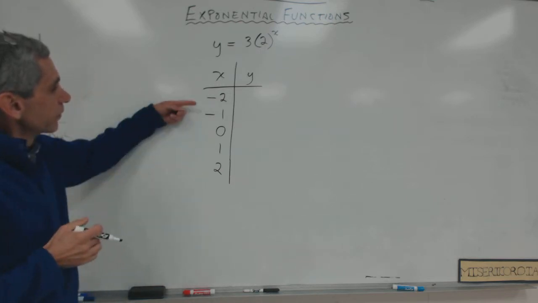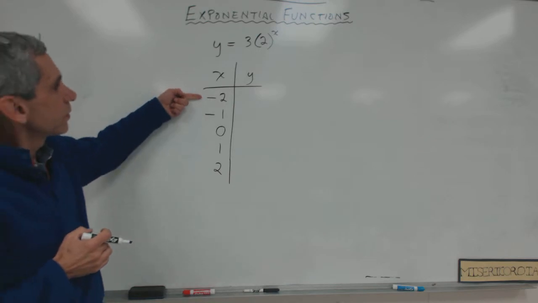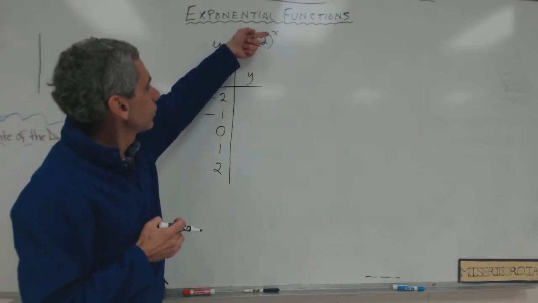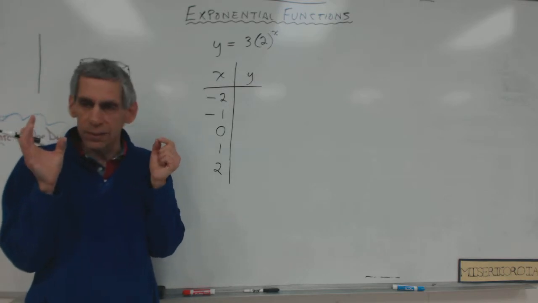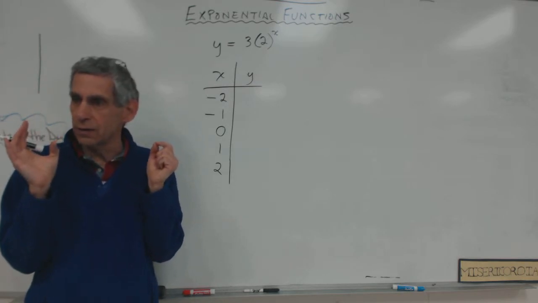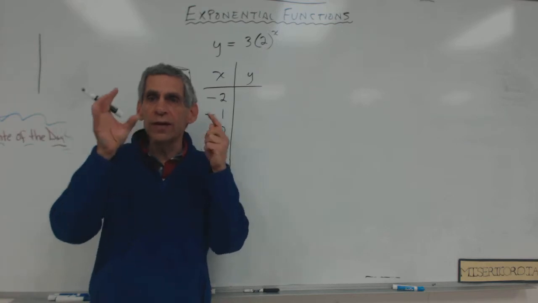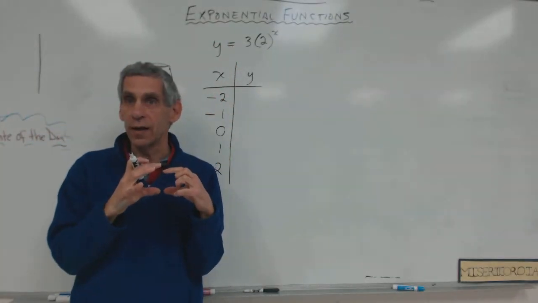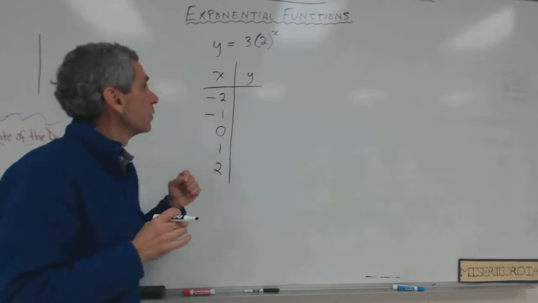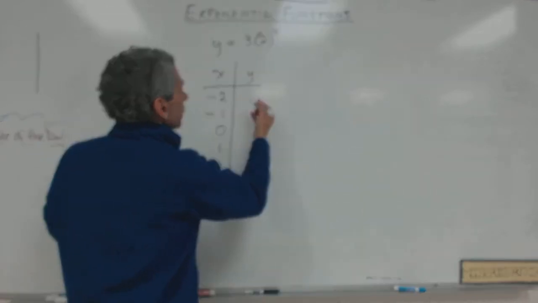So this one means I'm going to have 3 times 2 to the -2. Now remember, negative exponent does not mean the value is negative. It means whatever has the negative exponent goes downstairs into the denominator. That's all it means.